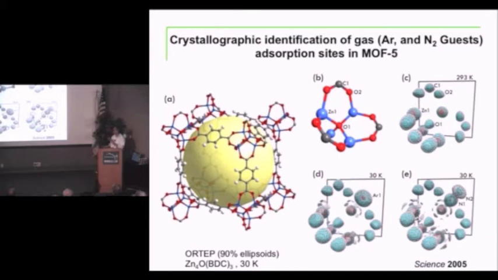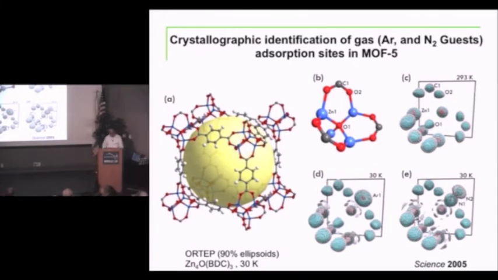And in this case, MOFs already have been viewed as great materials for hydrogen storage, natural gas storage, and carbon dioxide capture. Well, we found that, in fact, when you start introducing gases like argon or dinitrogen, you do find localized electron density for argon and nitrogen on this metal oxide groove.